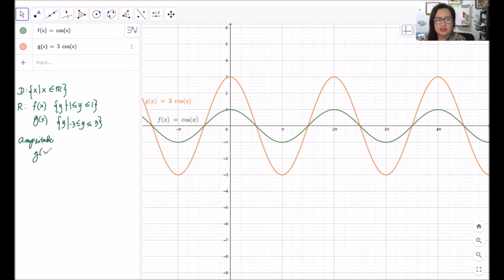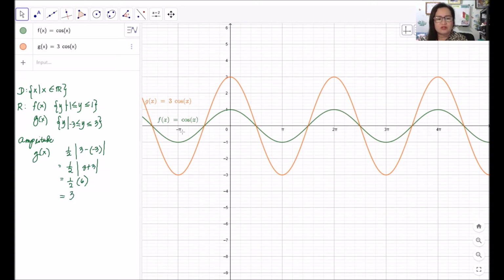For g of x, we can have 1/2 times the absolute value of the highest value or maximum value minus the minimum value. So that will give us 1/2 of 3 plus 3. That will give us 1/2 of 6. So we have 3 as the amplitude.